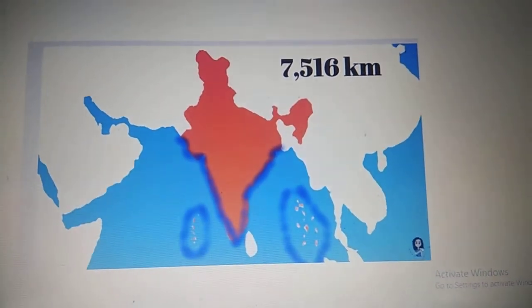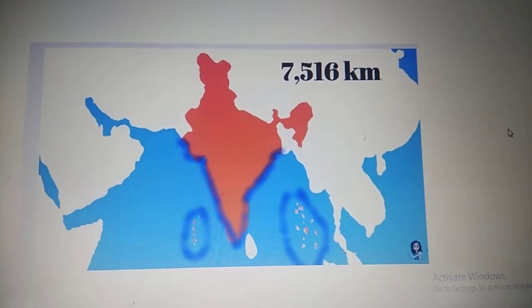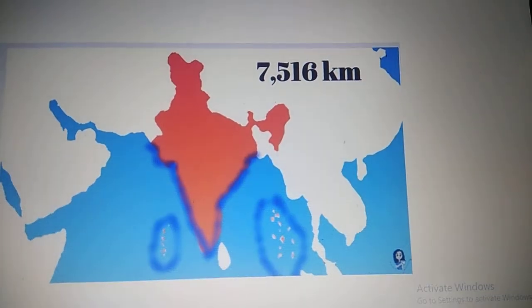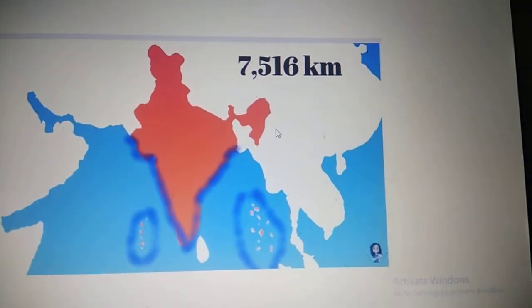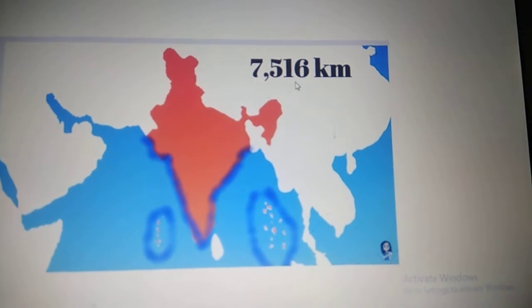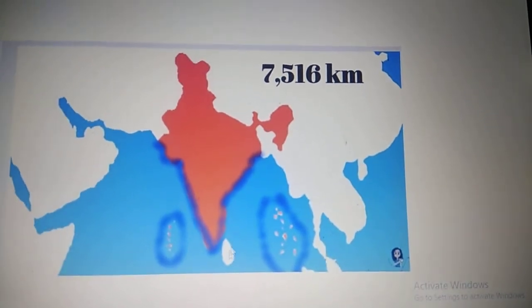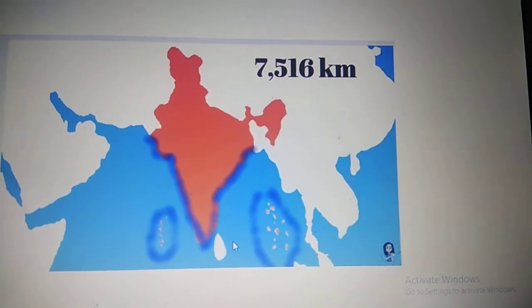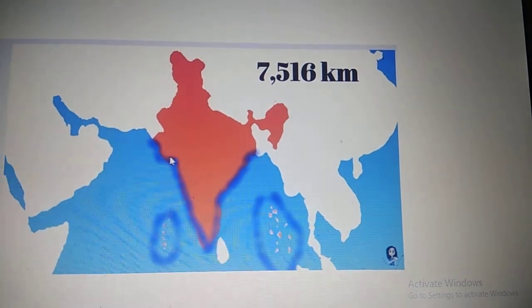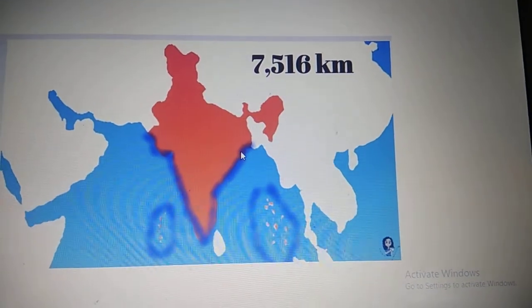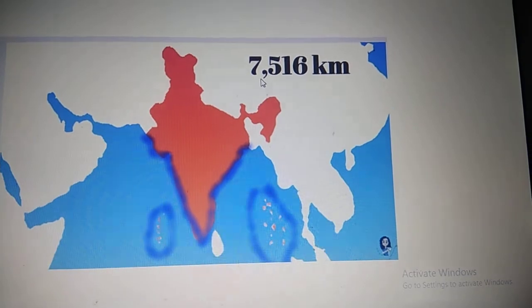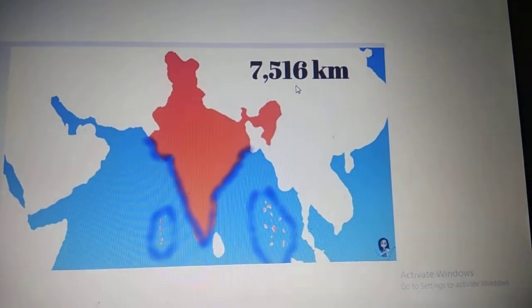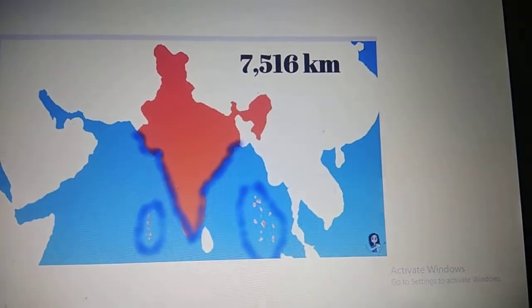You can see, including the Andaman and Nicobar Islands, this in blue. All around, including the Andaman and Lakshadweep Islands, the total coastline is 7,516 kilometers.